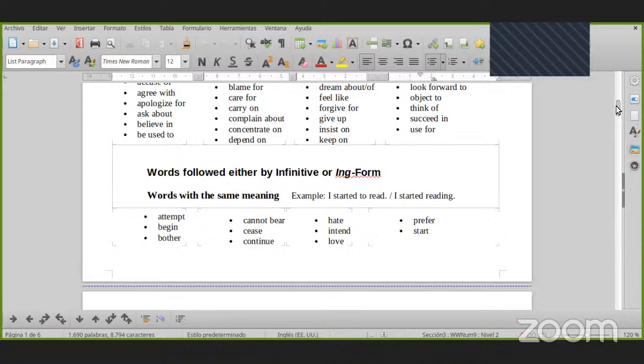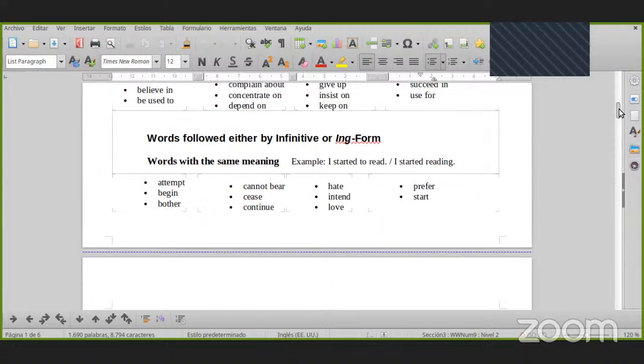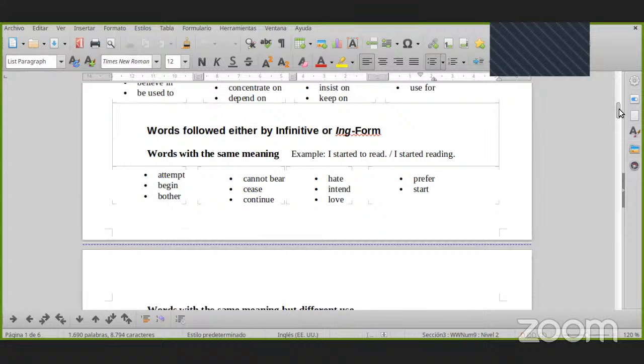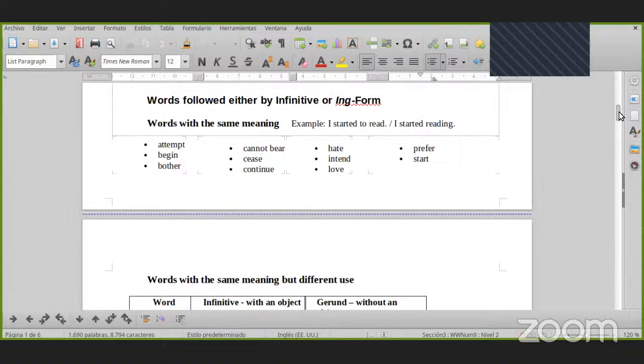Now, in this document, I will share it with you. This second part that we have in this PDF, for example, when we have verbs that work two ways, like begin, like cease, like hate, these verbs can be followed by both infinitives and gerunds, okay?